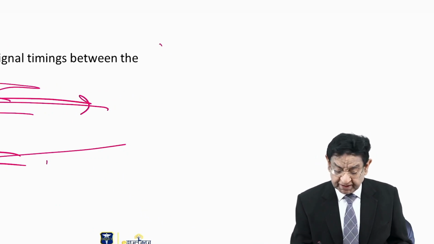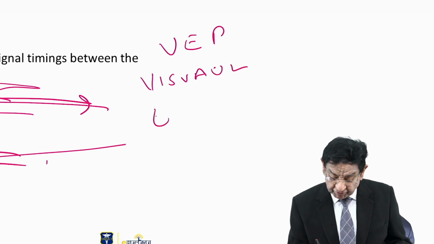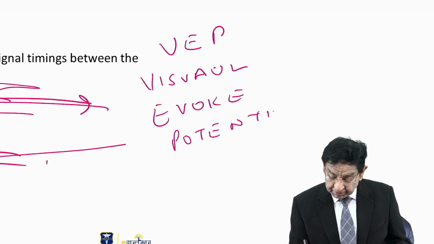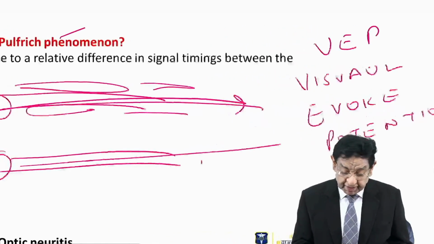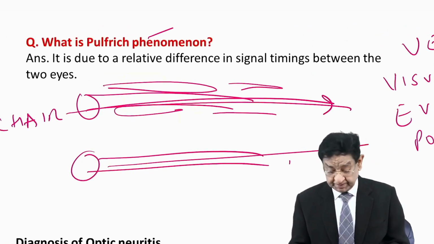This you can check by VEP, what we call visual evoked potential. So now you understood the meaning of the so-called Pulfrich phenomenon.